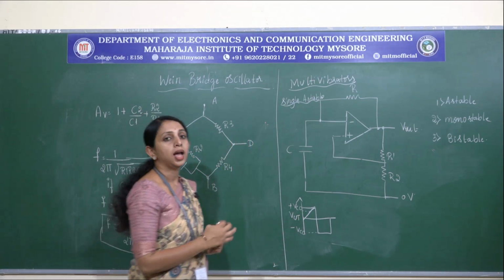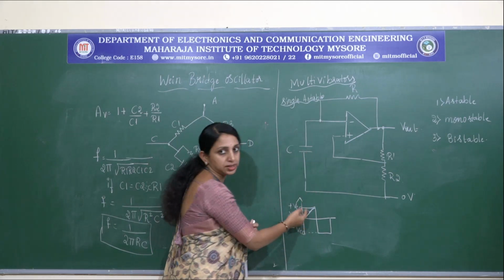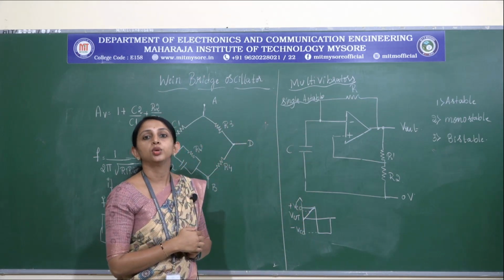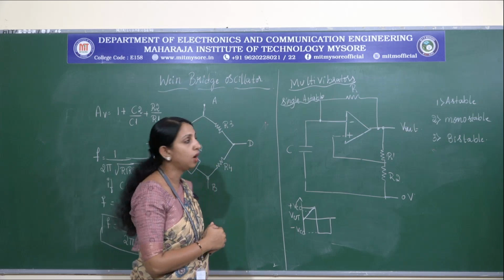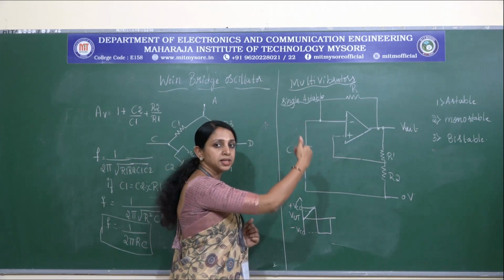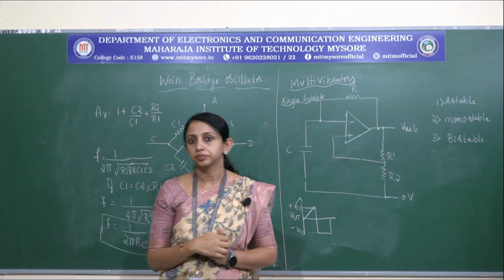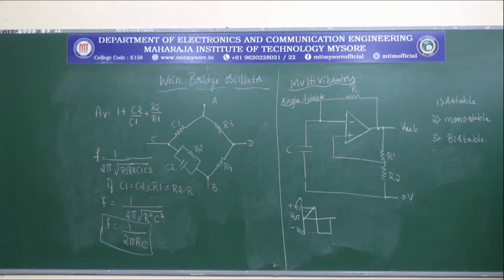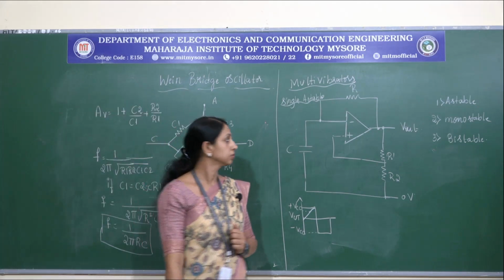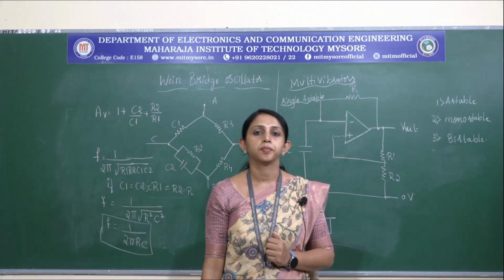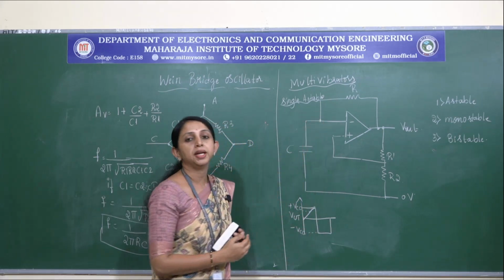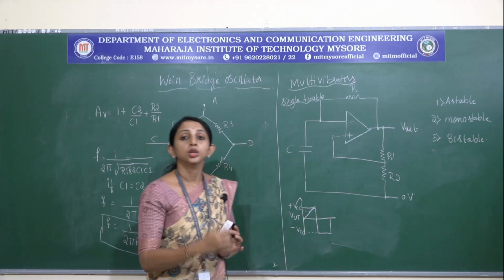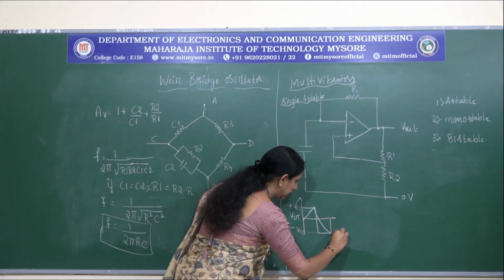As soon as the output reaches plus VCC, the capacitor will start to charge. When it charges, the output voltage will start to decrease exponentially to minus VCC like this.